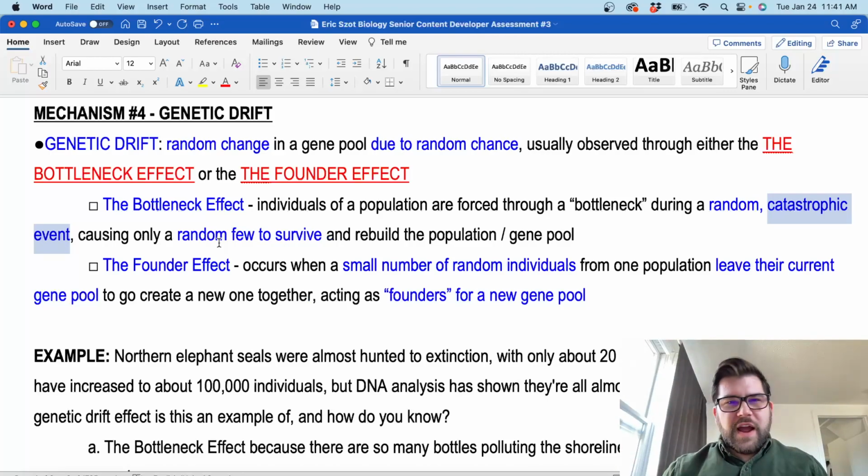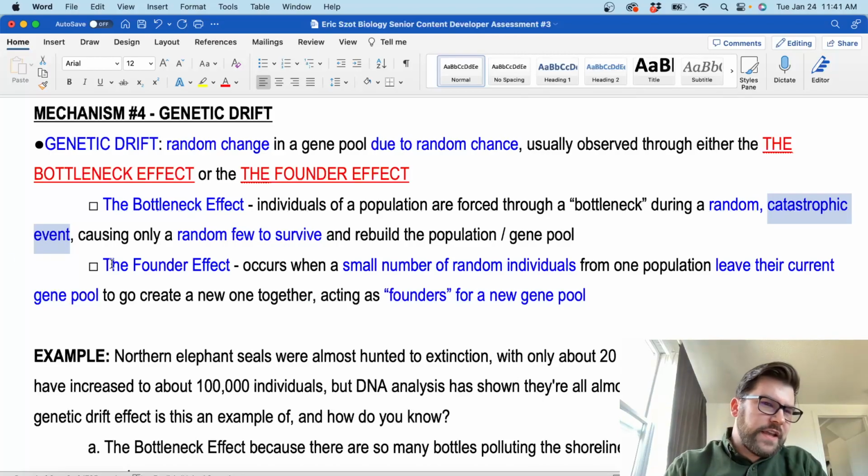It's so hard to survive these events. And it's probably random, just where you are when this event starts, if you can escape and survive and continue to reproduce afterwards, or not. So that's the randomness of the bottleneck effect. That's really one option of seeing genetic drift play out: the random change due to random chance in a gene pool.